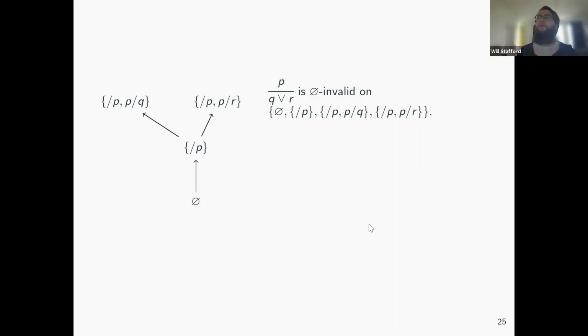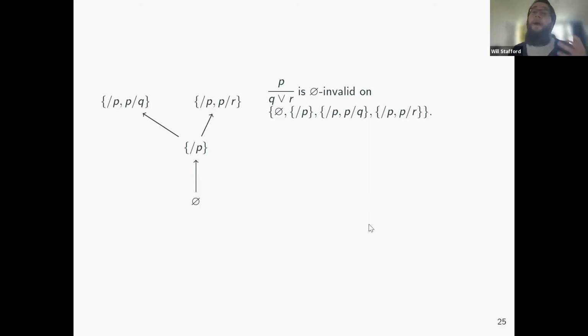Just a note, the reason that I am working with empty set validity is because whatever's valid on the empty set is going to be valid on every other atomic rule set in the proof-theoretic system, and so we might say valid on the proof-theoretic system itself.